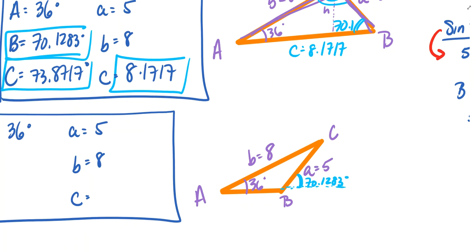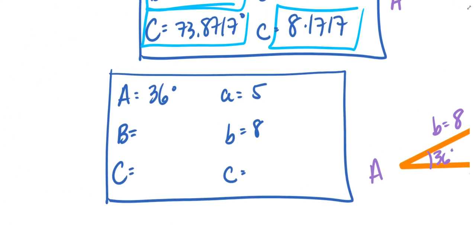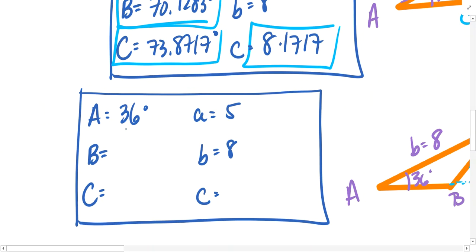And so therefore, the angle measure B in the alternate case is actually the supplement to the result that the calculator provided. 180 degrees minus 70.1283 would also work for angle B. So therefore, angle B might actually be 109.8717.